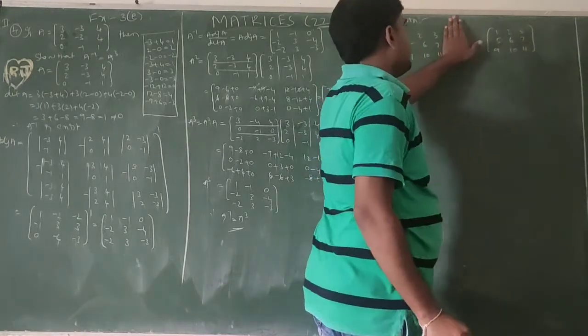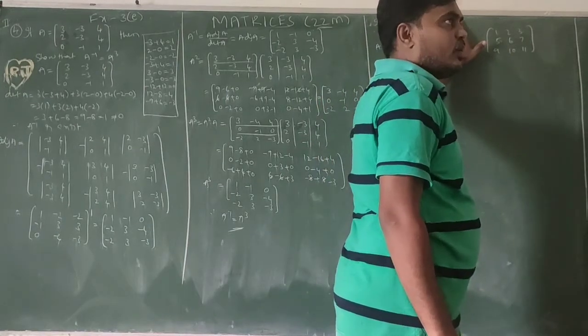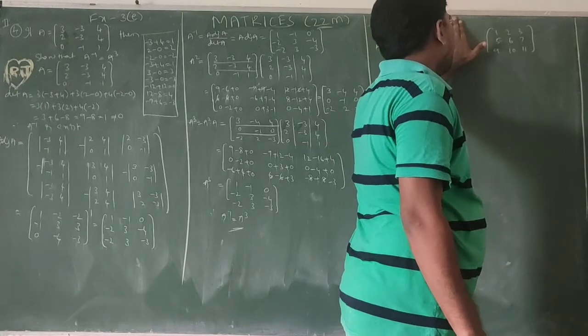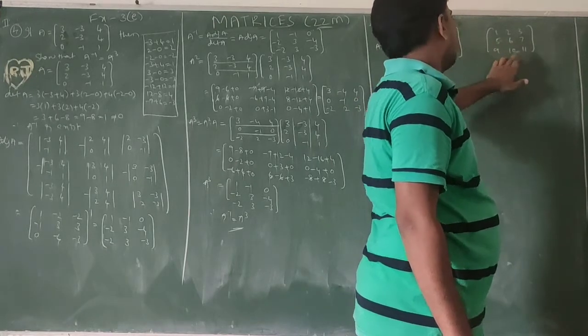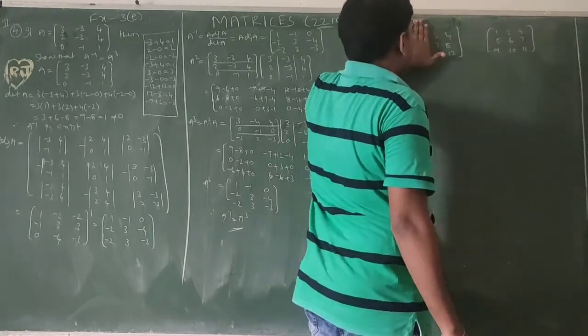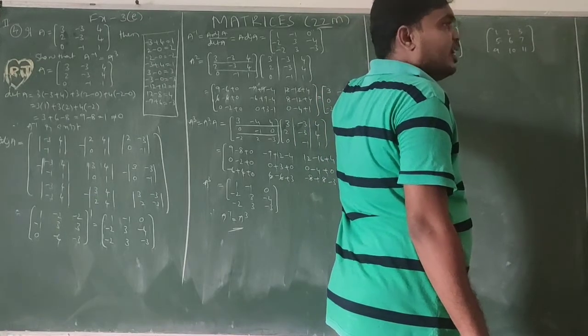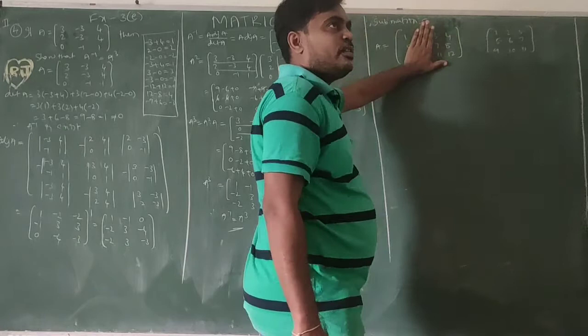So I want to delete this row, this column. If we delete this column, we get a new matrix. This is called a submatrix. If I delete these two columns, 3 4, 7 8, 11 12, this is also one submatrix.